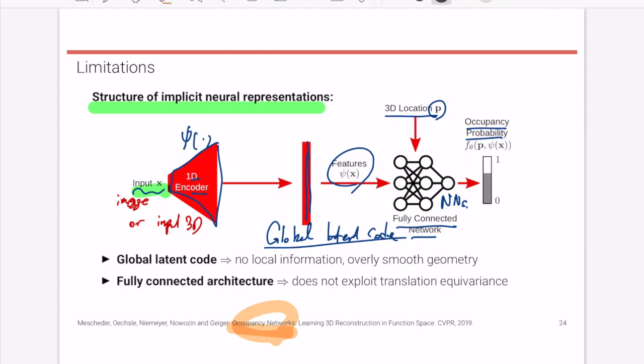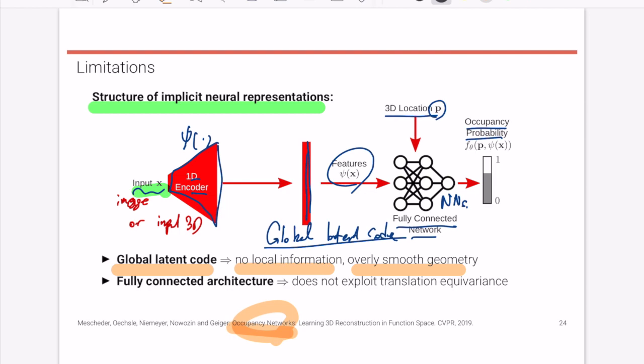If you are interested in a very simple 3D object, it works well because this global latent vector contains most of the simple object's information. But if you want to represent a scene-level 3D world, this global representation does not contain any local detail or local information, and it just contains overly smooth geometric information.